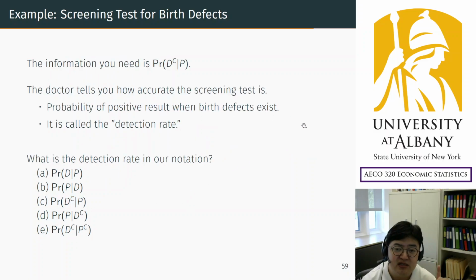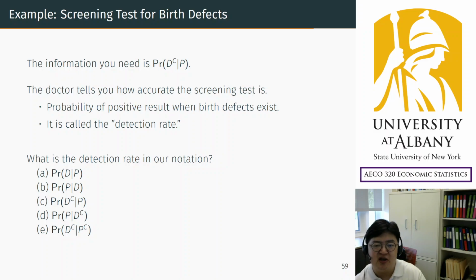However, the problem is that probability is not what the doctor tells you. At the time, the doctor told me, oh, this screening test is very accurate. Detection rate is, say, 99.9%. That's exactly what the doctor told me.